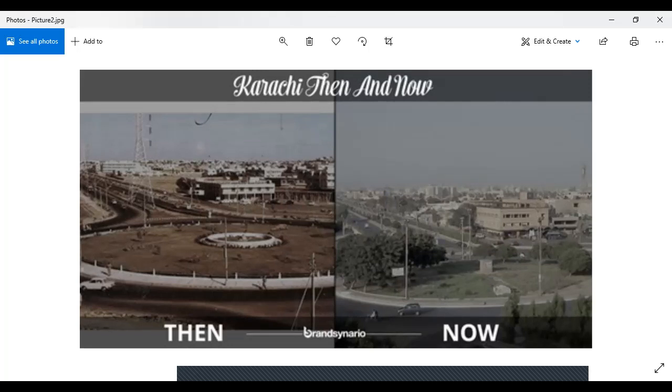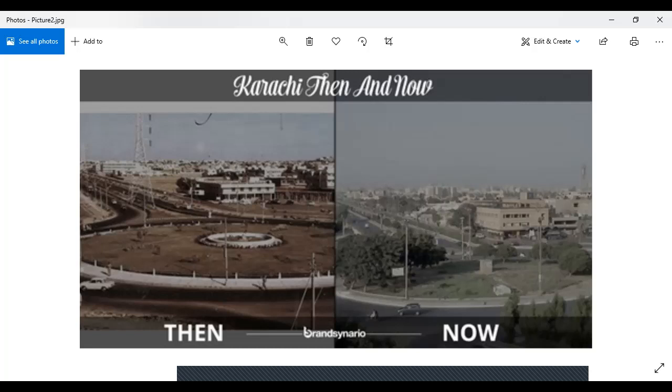Then look at the buildings. The buildings were not that many, but now they have advanced. There is no greenery, no plantation, but now it has more plants, more greenery, and it has turned into a more beautiful city, right? In the past picture you cannot see that many vehicles or that much hustle and bustle on the roads, but over here we can see that this central area, which was barren, has been turned into a greenish area, right?